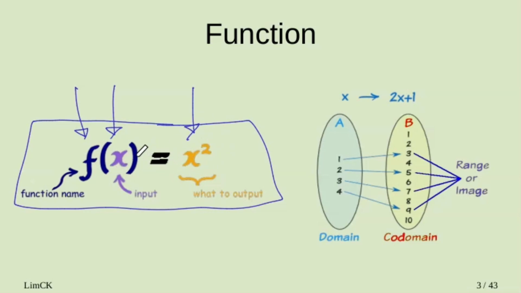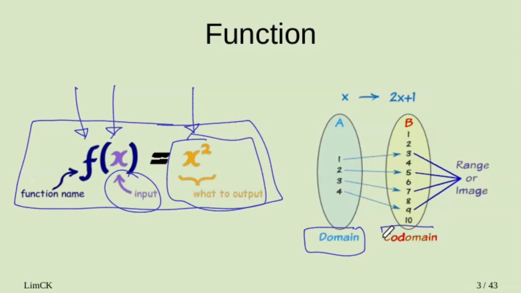A function is a mapping from the input, which we call the domain, and we map the elements in the domain to the output. The output is from the codomain. Always from some domain to some codomain.